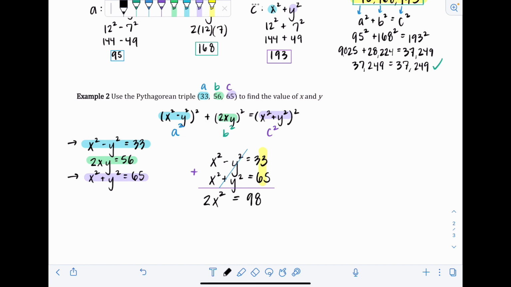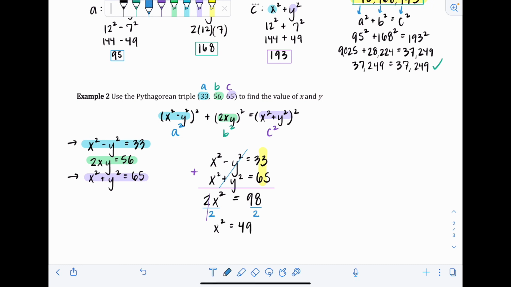Now we have a one variable equation that we can solve. So I just want to get x by itself. I would divide both sides by 2 to get rid of the coefficient. 2 divided by 2 cancels out, and then I'm left with x squared equals 98 divided by 2, which is 49.